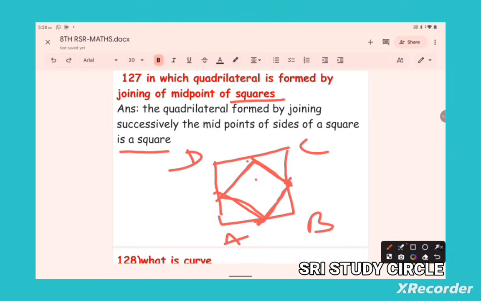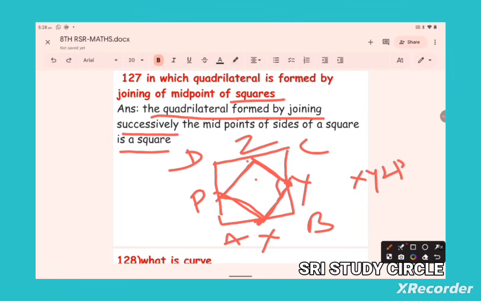Taking the midpoints of the sides of ABCD, the quadrilateral XYZP is also a square here. The quadrilateral formed by joining successively the midpoints of sides of a square is known as a square.